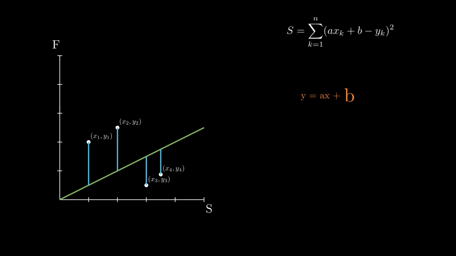B is referred to as the y-intercept of the line, which basically shifts the line on the vertical axis, up and down. And the same goes for b too. Varying b in some cases causes an increase in S, and in some cases it might decrease it. So let us recall our main objective here.